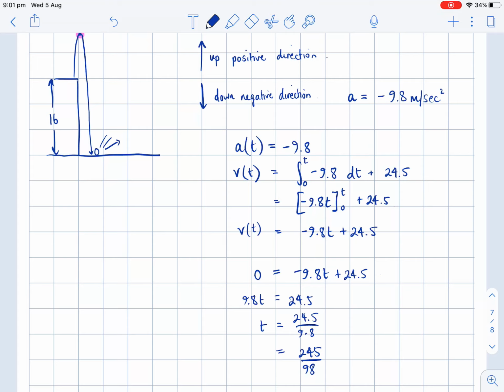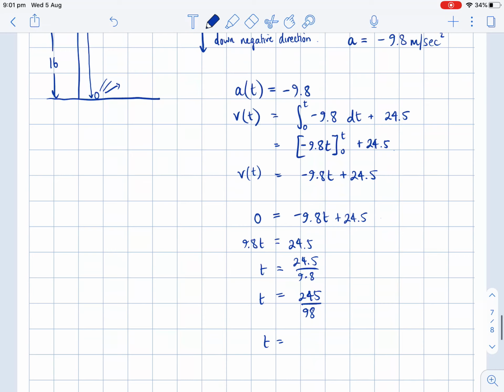I'm going to leave it exactly like 245 on 98. And then I'm going to cheat and break out a calculator and quickly work out what that is as a decimal. So 245 divided by 98 is equal to t equals 2.5 seconds. So we get a maximum height at 2.5 seconds.